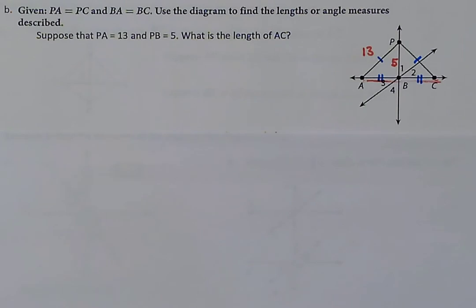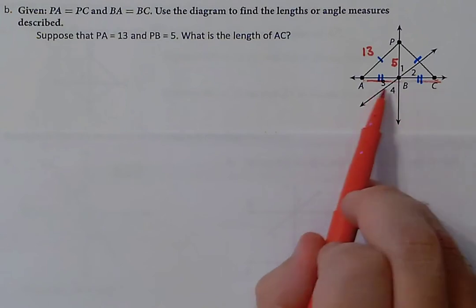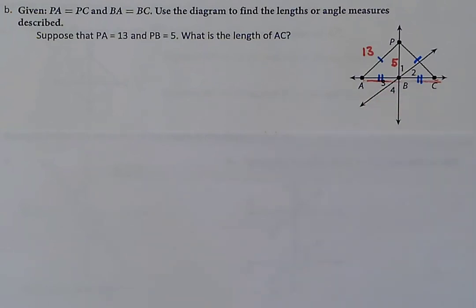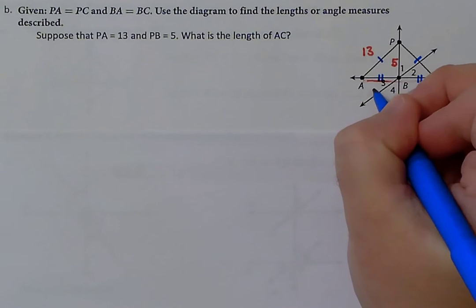So we're going to do like we just did for part A, where we use the Pythagorean theorem to figure out what AB equals, and then we're just going to double it to figure out AC. So we need to set up our Pythagorean theorem again, and like last time, this time let's call this x.